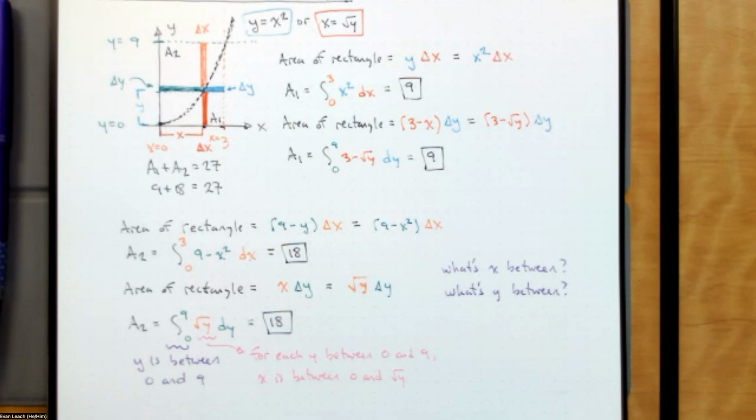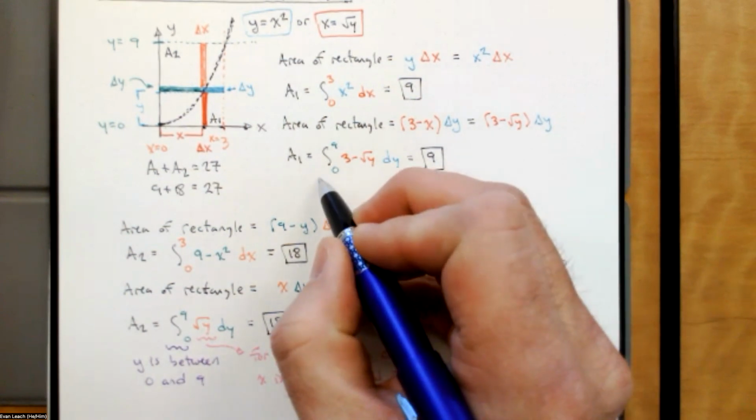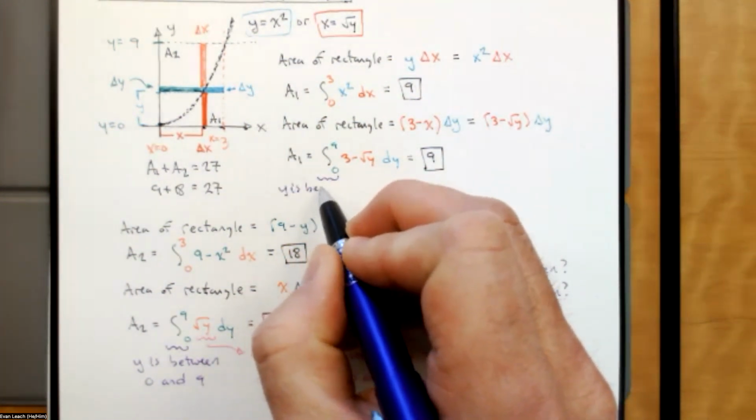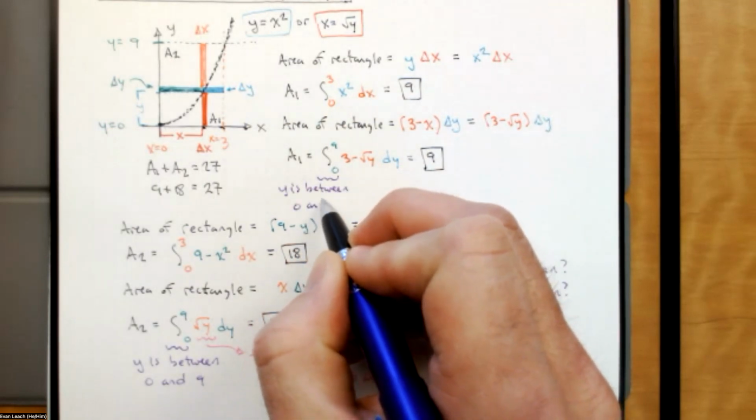If we carry out that same kind of thinking, what's x between and what's y between, on a1 with the dy integral, this integral is still saying the same thing. This is saying that y is between 0 and 9.